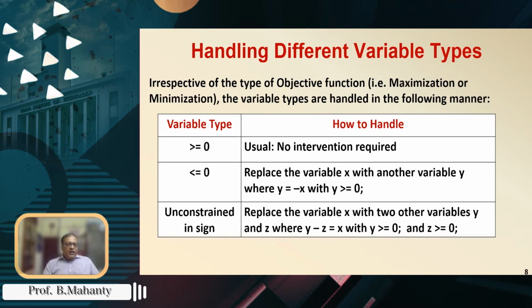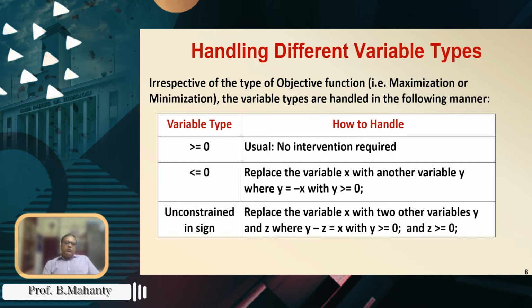But if it is unrestricted in sign, that is a unique case. So how to handle this? A good solution is available, that is replace the variable x with two other variables. What are these two other variables? y and z, where y minus z equal to x, where y greater than equal to 0 and z also greater than equal to 0.